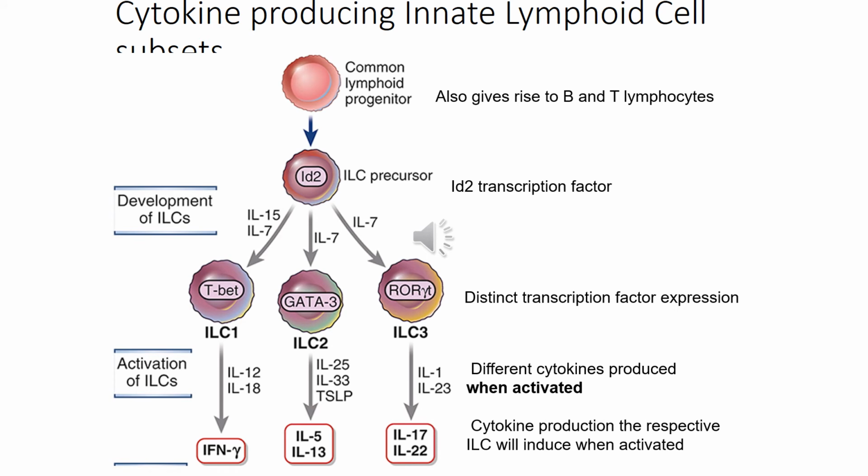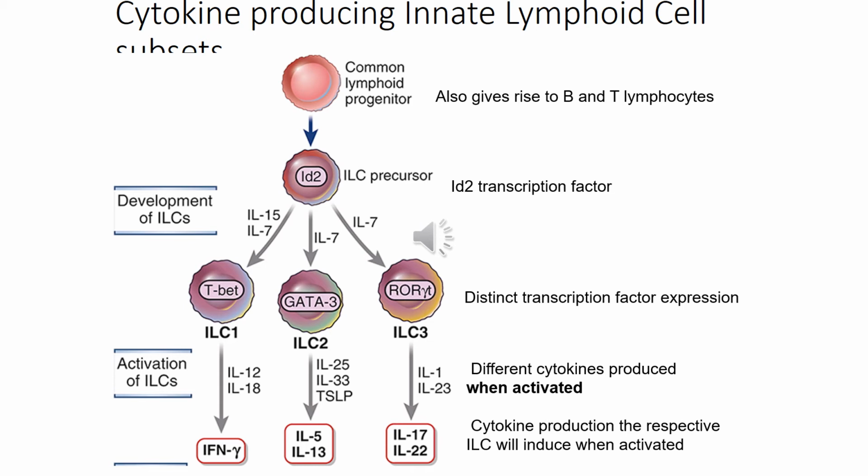The intraepithelial lymphocytes belong to the class of cells called innate lymphoid cells. And from these cells, there are 3 clearly distinguishable subsets, and they defend against slightly different types of infections. The ILCs descend from the common lymphoid progenitor and turn into an ILC precursor.